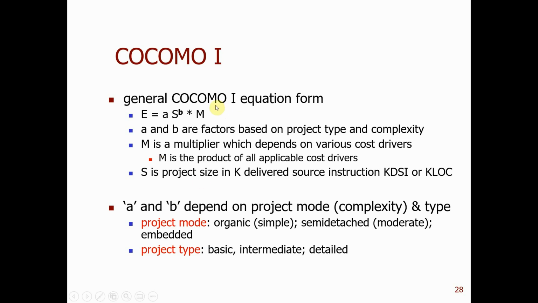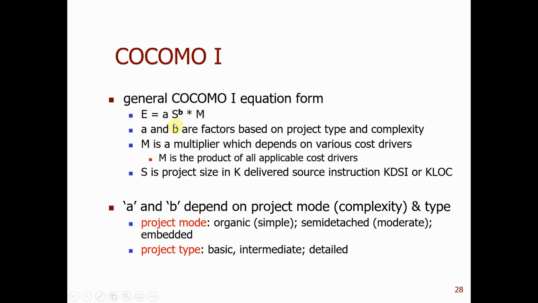The equation takes the form of effort equals A times S raised to B, times M. Here, A and B are factors based on the project type and complexity. There's a table, and I'm not asking you to memorize it. If COCOMO appears in your exam, I will provide that table specifying A and B, but you must understand the table and know which formula to use and which A and B to choose.